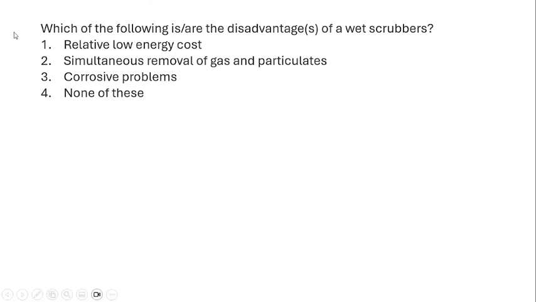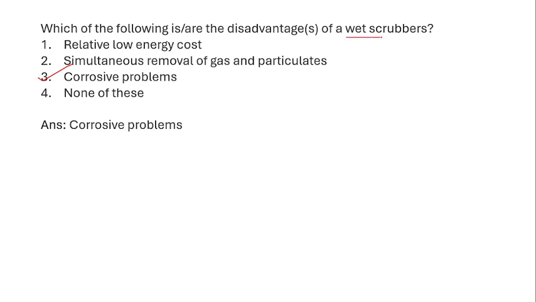The next question is which of the following is the disadvantage of a wet scrubber? Wet scrubber is used for collecting gaseous pollutants. So what is the major disadvantage of wet scrubbers? Relatively low energy cost is an advantage, and simultaneous removal of gas and particulate matter is also an advantage. The corrosive problem is one of the disadvantages.